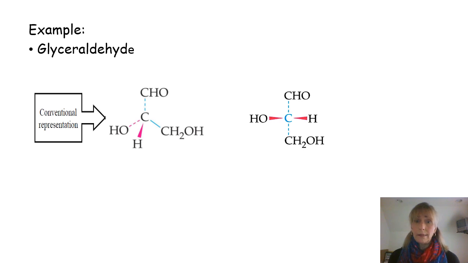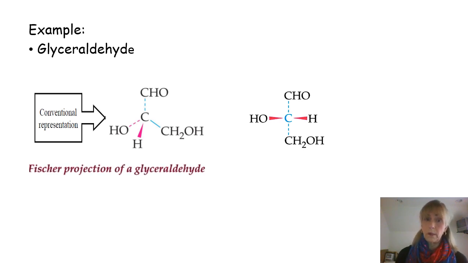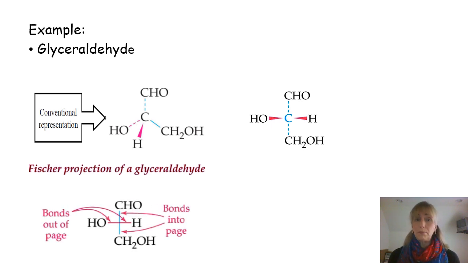Those that are horizontal are coming out at us. Those that are vertical are going away from us. So the Fischer projection of glyceraldehyde would simply be as follows. We're going to take away these wedges and dashes and just put horizontal and vertical lines.